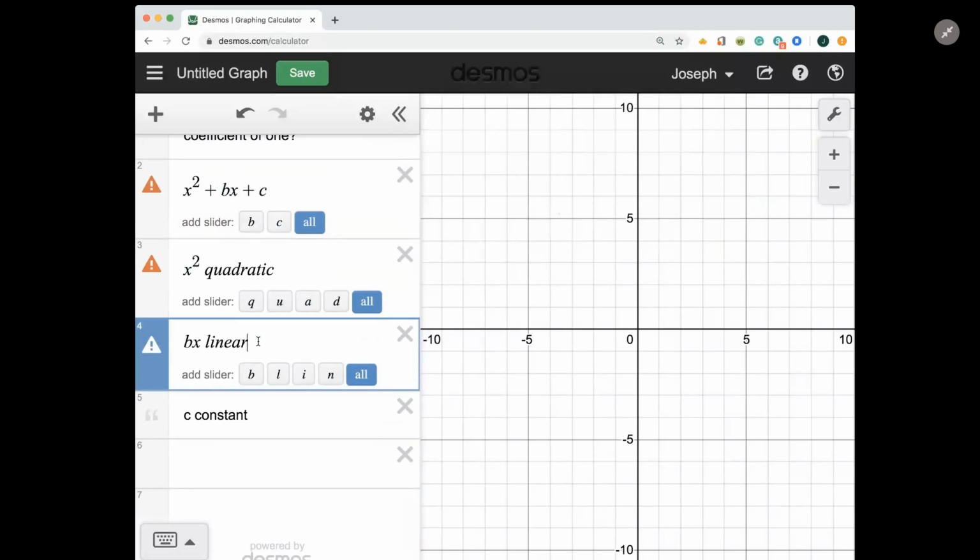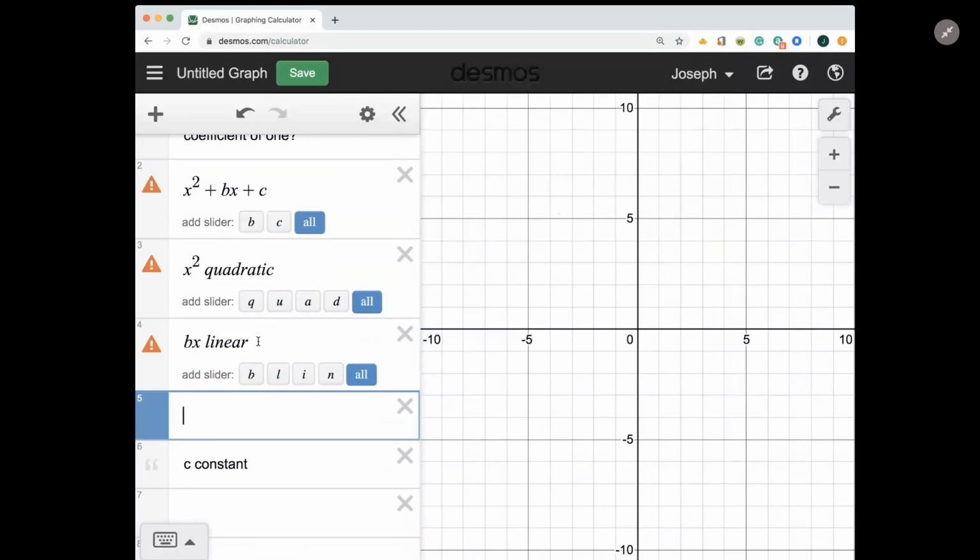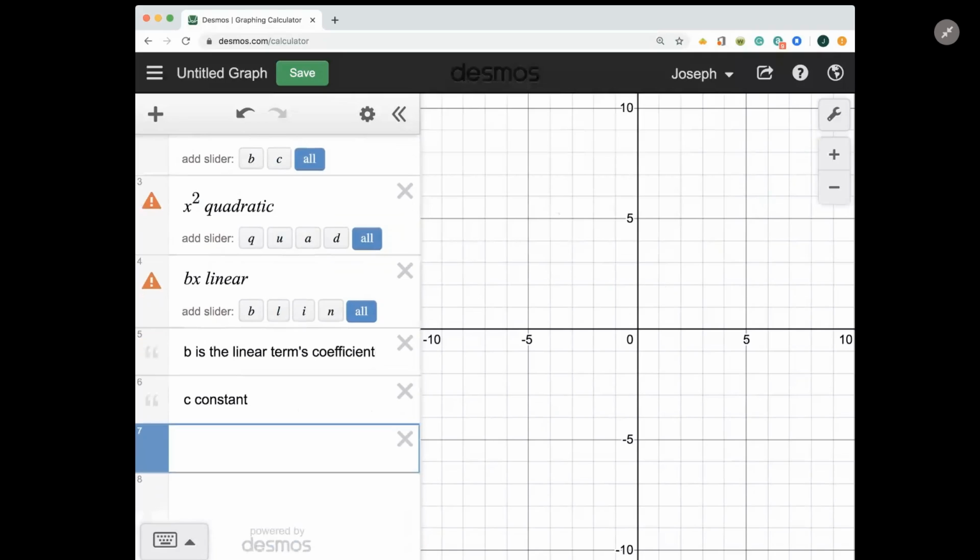And we should probably also specify that b is the linear term's coefficient, or sometimes called the numerical coefficient. Okay, that's a lot of words.